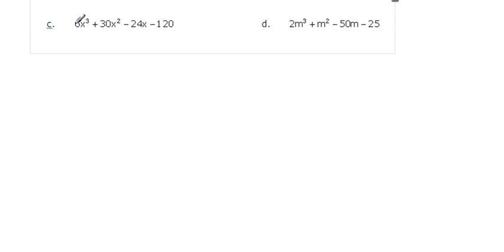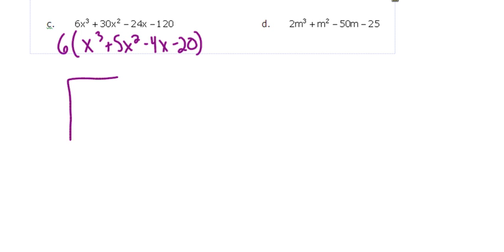that shortcut. Right? I'm going to do the 4 terms like I normally do using the box method. But I do notice that for C, all of these numbers are divisible by 6. So I'm going to take that out first. So I have x cubed plus 5x squared minus 4x minus 20. Now it's ready for the box.